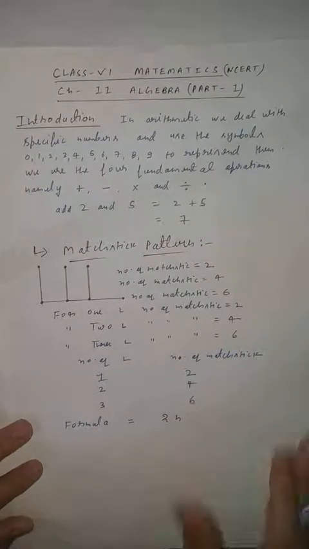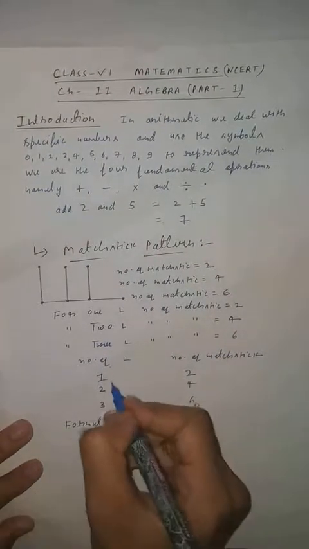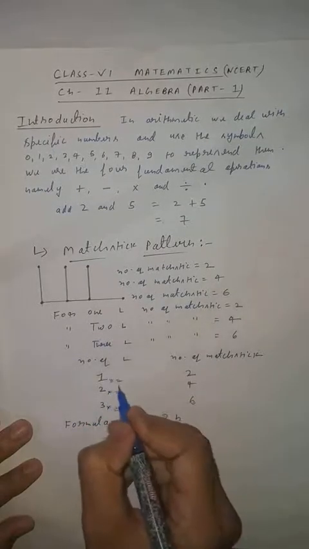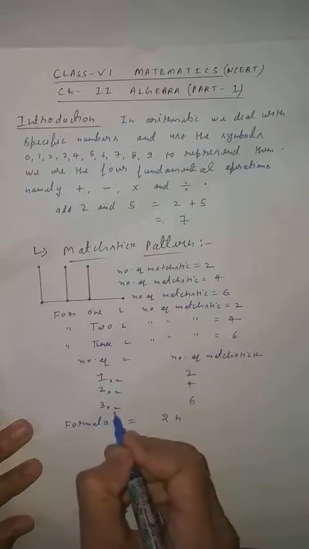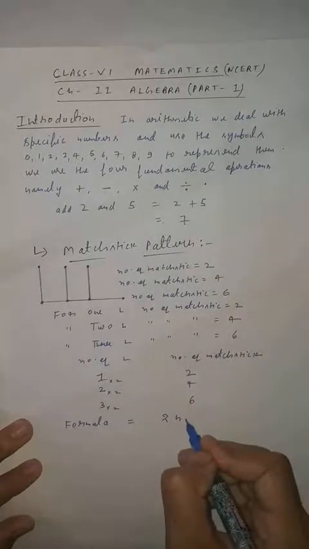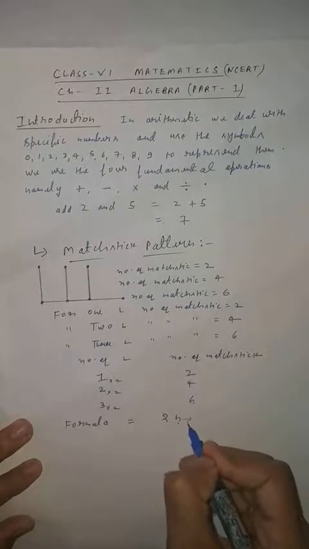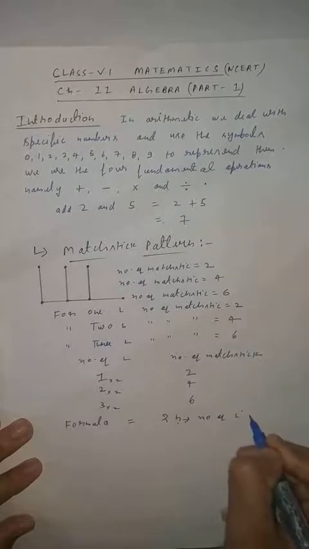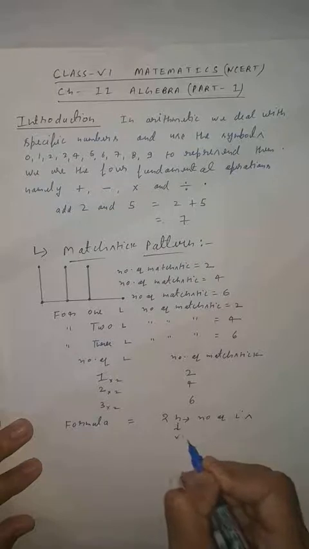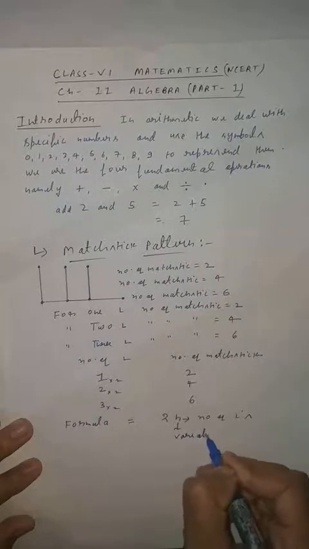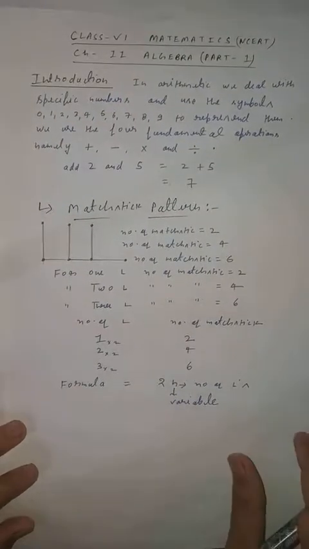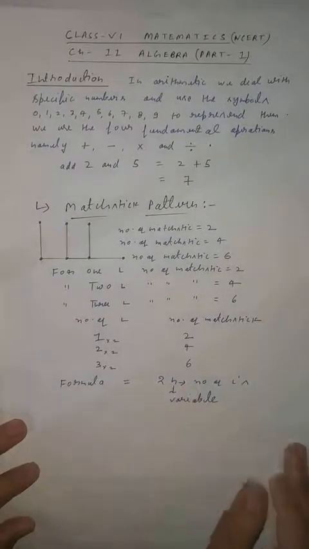So 2n means every number is multiplied by 2: 1 by 2 is 2, 2 by 2 is 4, 3 by 2 is 6. And n represents the number of Ls. This is also our variable. After some time I will explain what a variable is. First we have to understand how 2n works.